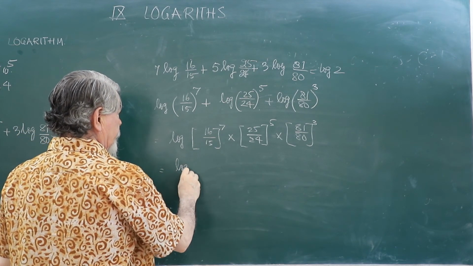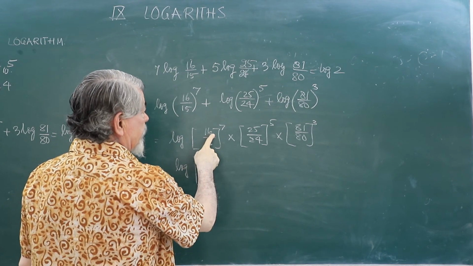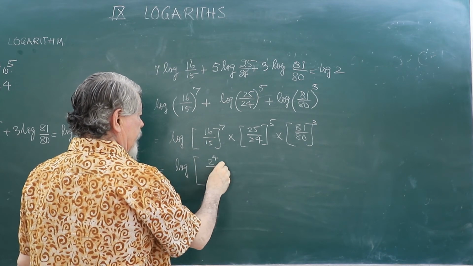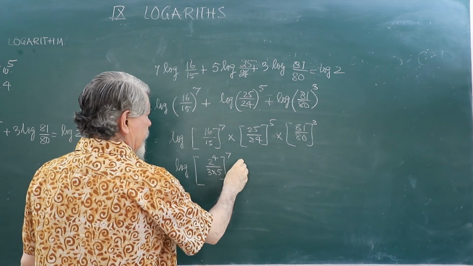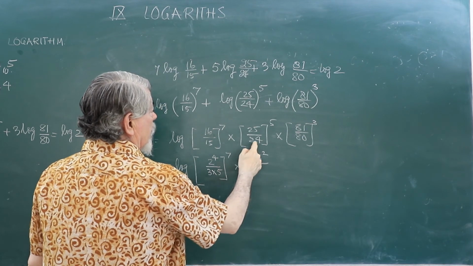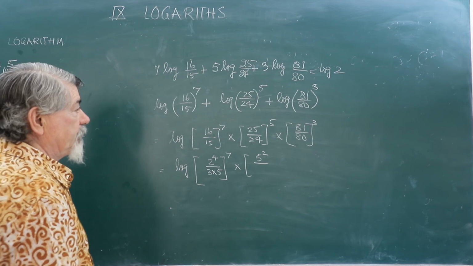Now let us see what happens. Log 16 is there. 16 means 2 to the power 4. It is 3 into 5 to the power 7. 25 means 5 to the power 2. 6 4s are 24 or 8 3s are 24.